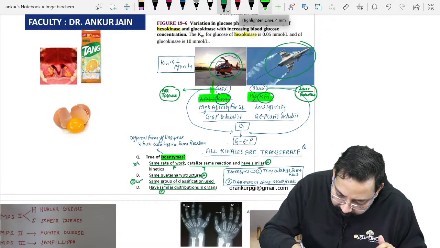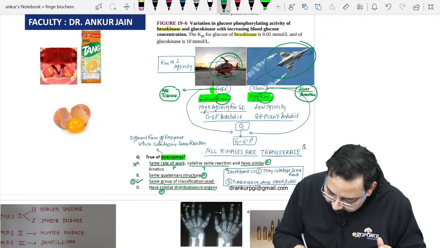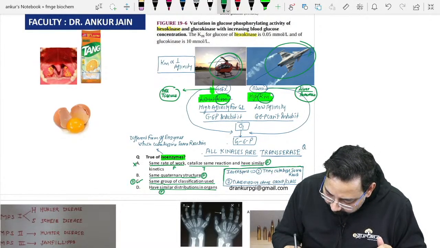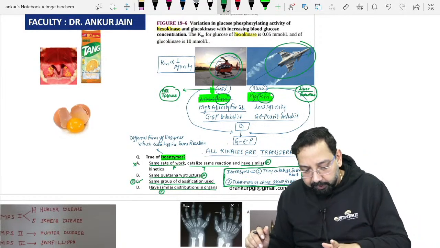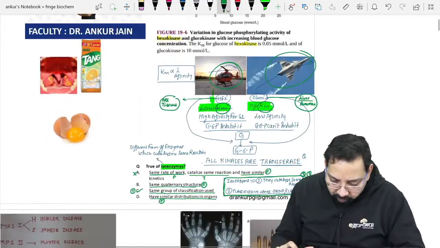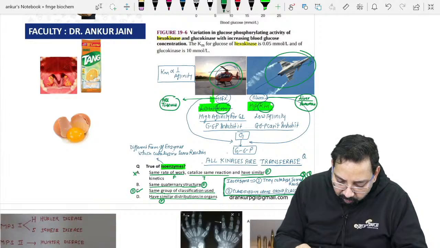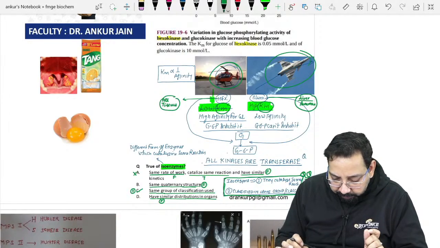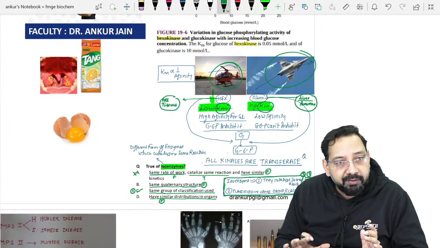I have put this in the box, so remember this box is very, very important. Whatever is very, very important I will keep in the box. Again I am repeating, please try to accommodate all the content on the same page. It would be beneficial for revision.